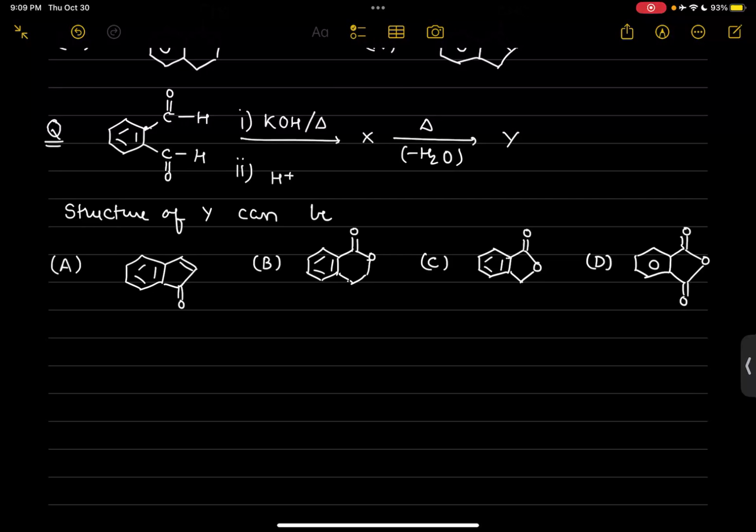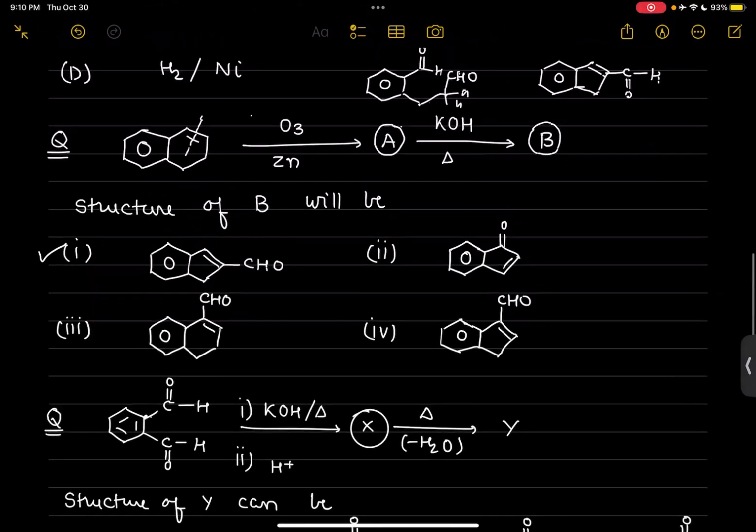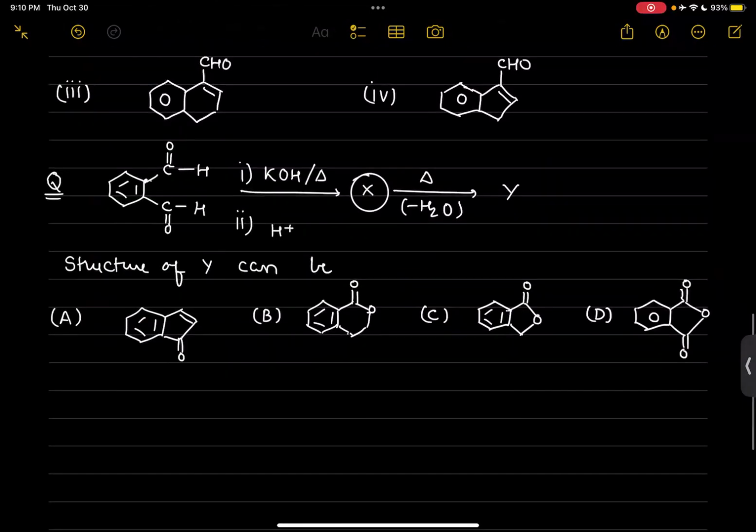First, you can tell me what is X. Try to figure out X. I can give you a hint: because none of the aldehydes possess alpha hydrogen, X is going to be the product of a Cannizzaro reaction. Clear? So intramolecular Cannizzaro, that also we should keep in mind, because the molecule has two aldehydes and none of them possess alpha hydrogen. Unlike the above example, which was intramolecular aldol, this is intramolecular Cannizzaro.